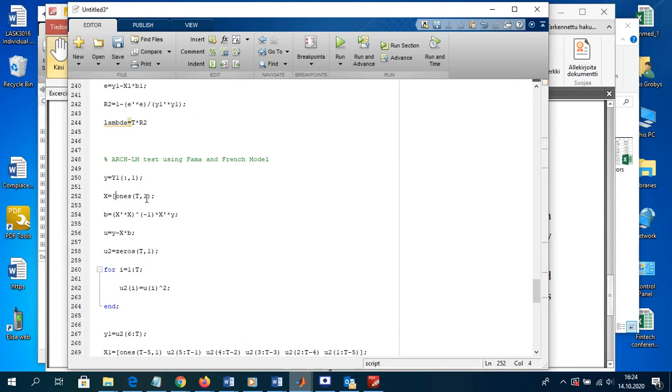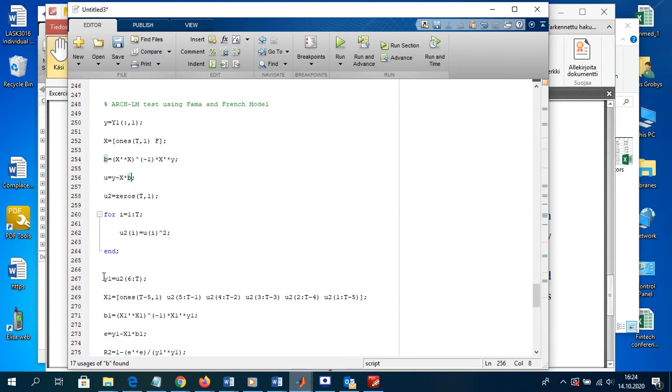We have to define our X matrix. We have to add here our factor matrix, which we have defined as F. That's it. Our beta is now obviously a 4 by 1 vector. So hence our residuals here change. This changes here as well. Everything will be overwritten.